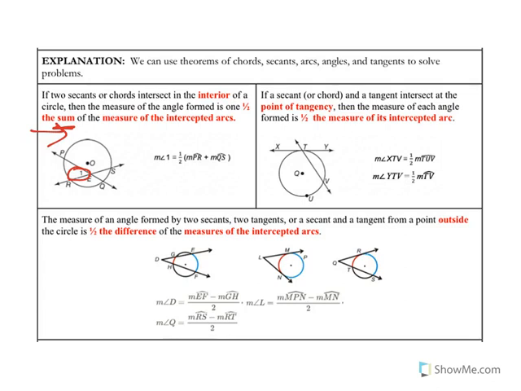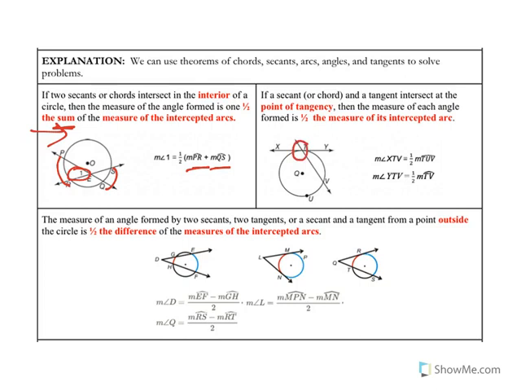So we're going to add the 2 arcs together, but then we divide it in half. So the arc PR, which is here, and arc SQ is here, we would add those together, divide by 2.